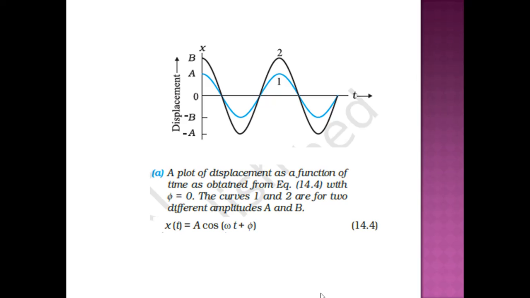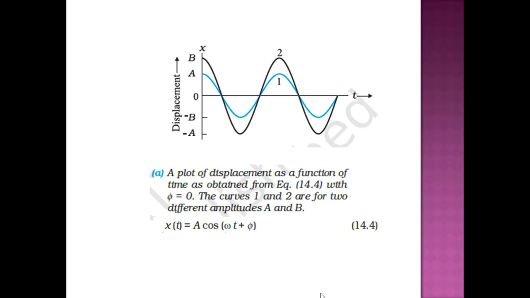And you can see both have phi equal to 0 because they have maximum. They follow the equation x(t) equal to A cos(omega t plus phi). Here phi equals 0 because both start simultaneously at the origin. A is the maximum value, B is also a maximum value.